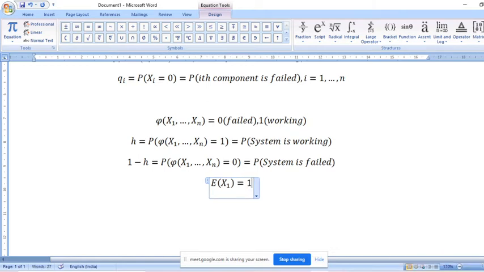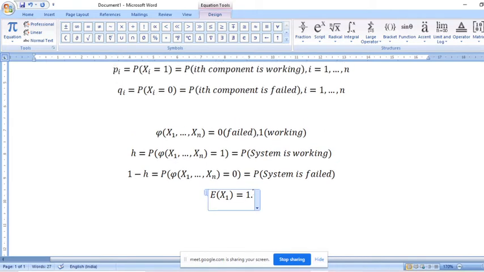Just x into its value: 1 into the probability of xi equal to 1, plus 0 into the probability of xi equal to 0. So this is the expectation formula.